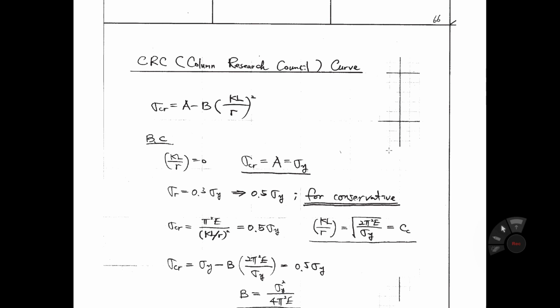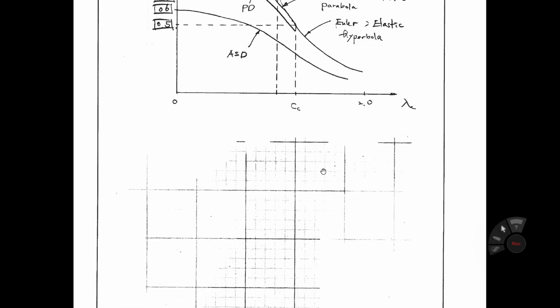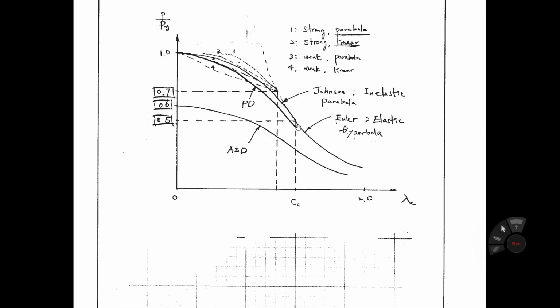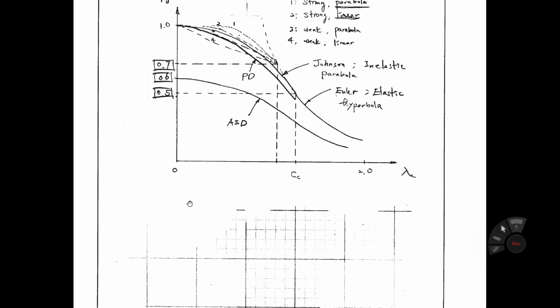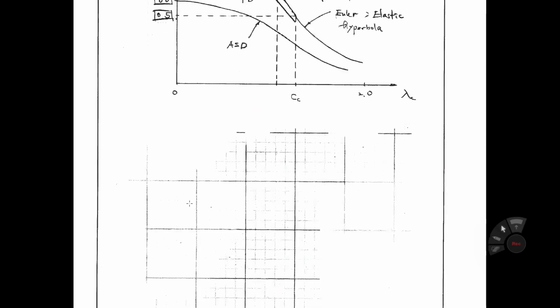In this CRC, for inelastic column we assume this curve: sigma CR equals A minus B (KL over r) squared. We assume like that. Some inelastic part from here to here. It is ultimately the CRC column curve. So we study how that CRC column curve has been derived.